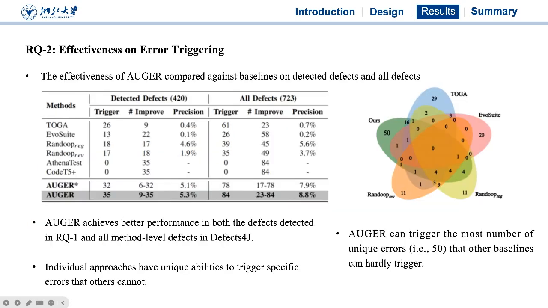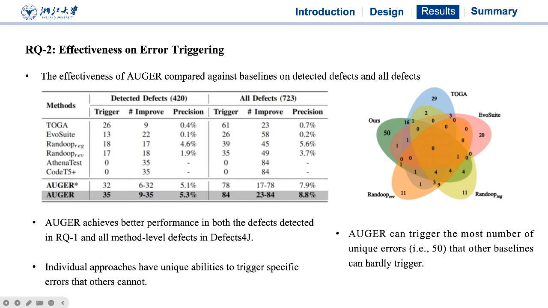RQ2 is to evaluate the performance of Augur in defect triggering. Augur achieved better performance on the defects detected in RQ1 and all method-level defects in Defects4J. Among them, Augur, based on CodeLlama and DeepSeek Coder, triggered 78 and 84 defects respectively. We also drew a Venn diagram to show the performance differences of different models.